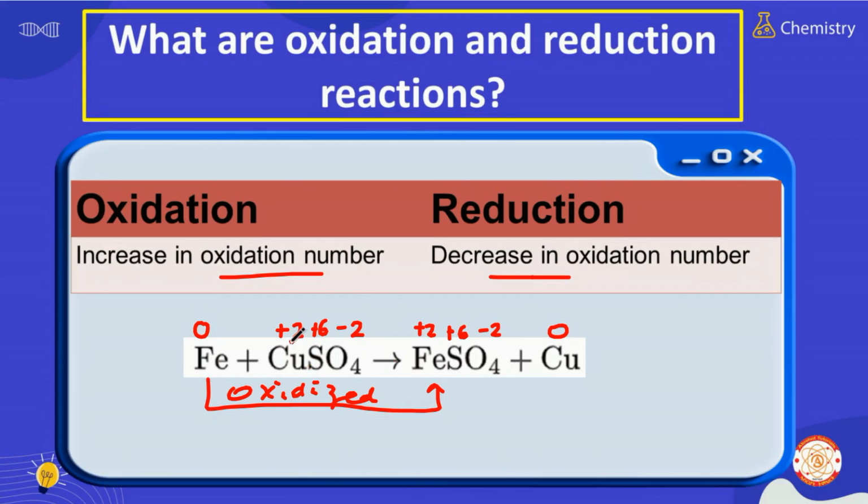Whereas copper has decreased its oxidation state from +2 to 0. Therefore, we say that copper +2 has been reduced because its oxidation number has decreased from +2 to 0.